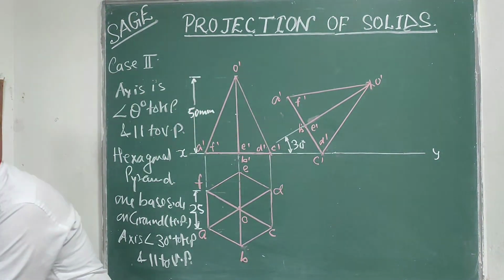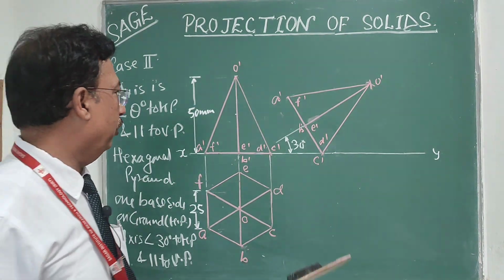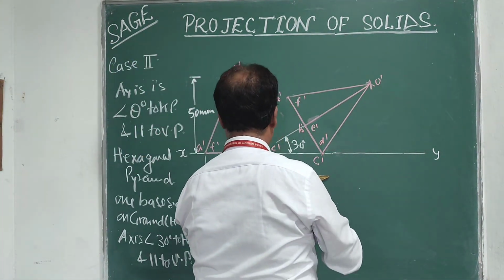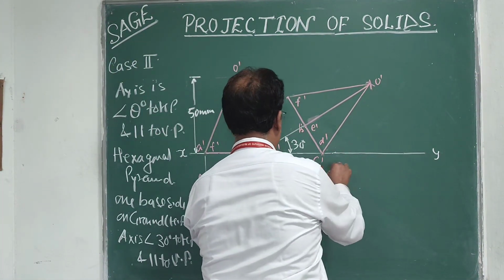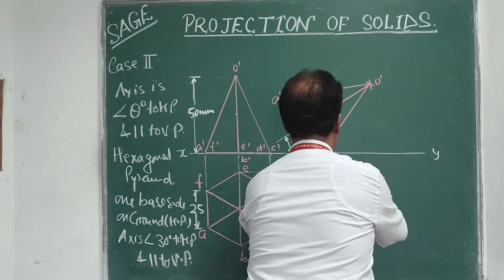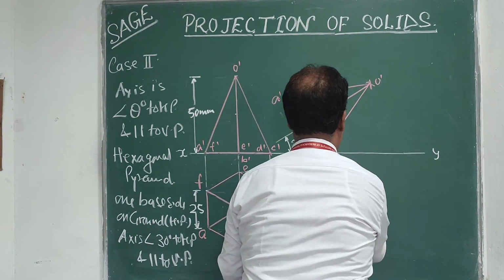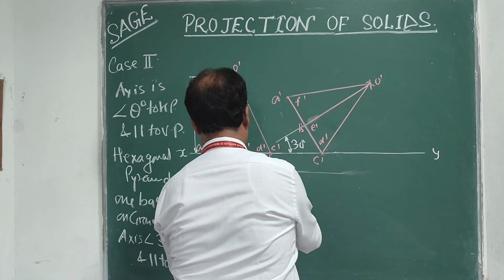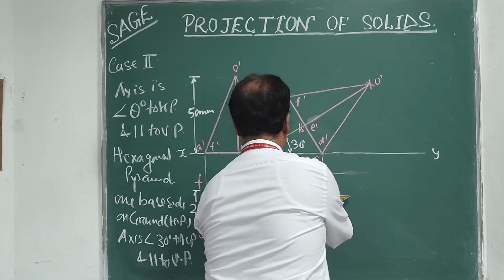So initially I will draw locus lines from this top view. I will draw locus lines parallel to the reference line from all these points of the hexagonal pyramid like this.